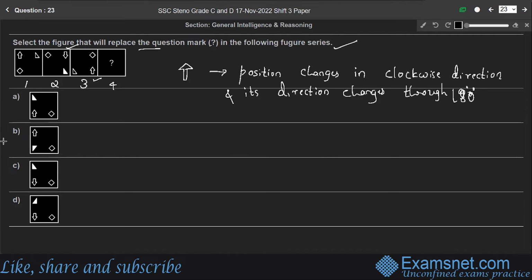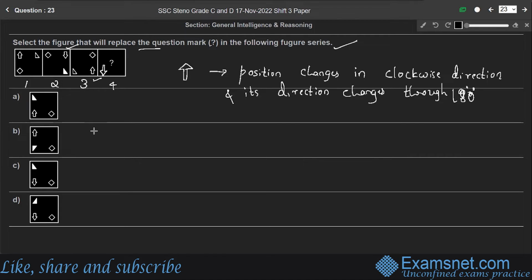In the fourth figure, it should be inverted, at the bottom left corner.